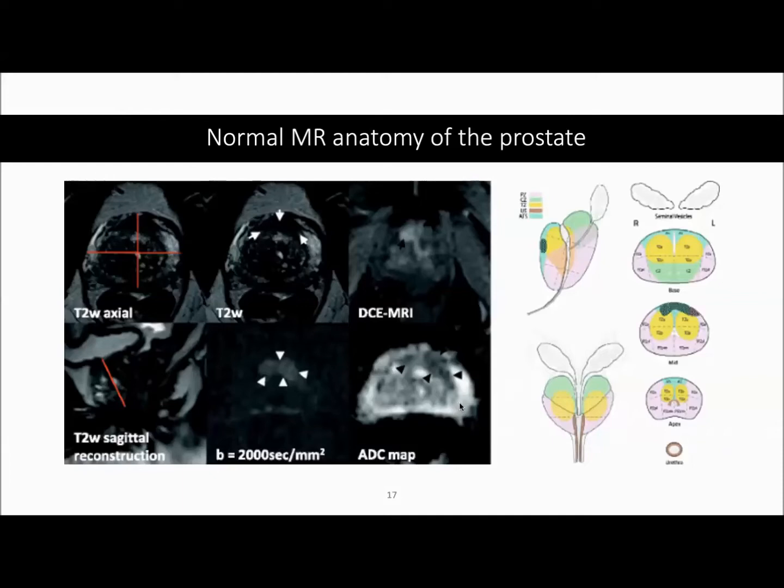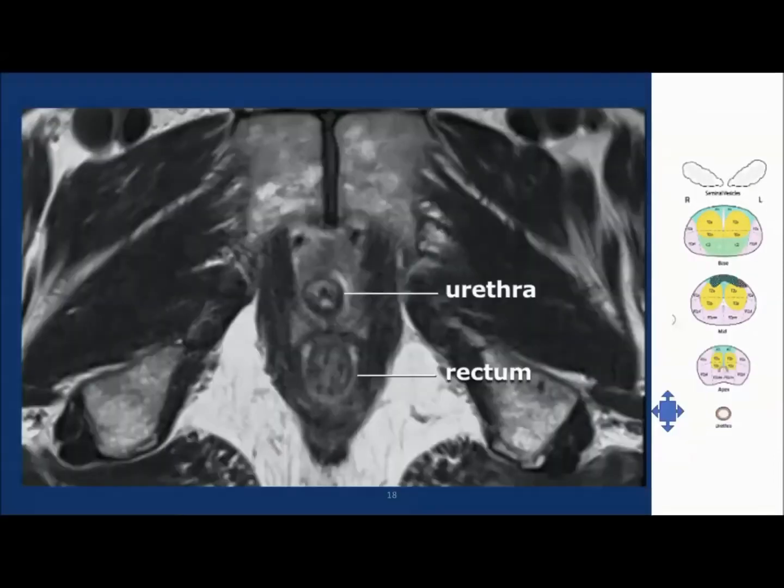So I'm going to share a few slides of the normal anatomy of the prostate on MR so that Dr. Basit and Dr. Shayan can take you through some of the abnormalities and how to identify these abnormalities. So it's important that one must understand the normal anatomy. So now in this section, we are actually at this level. Is my arrow visible?